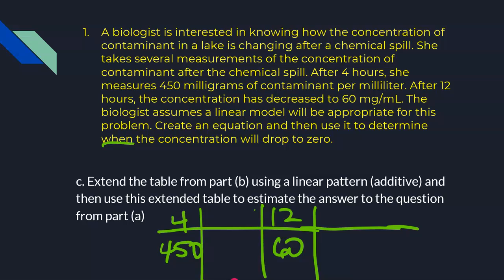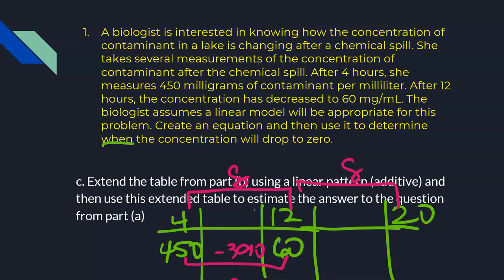So here, change in x, from 4 to 12 is 8. How about we do that? So 12 plus 8 is 20 here. Then from 450 to 60, the change is 390.